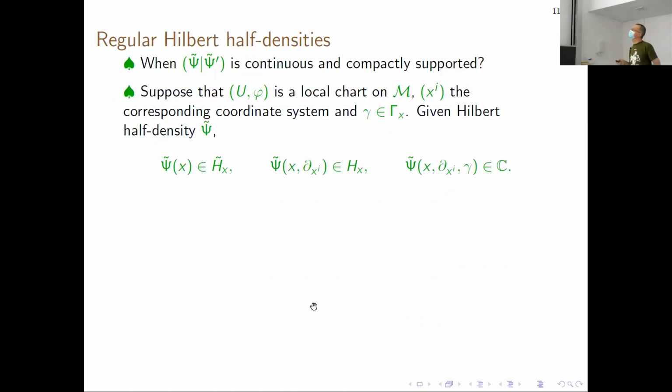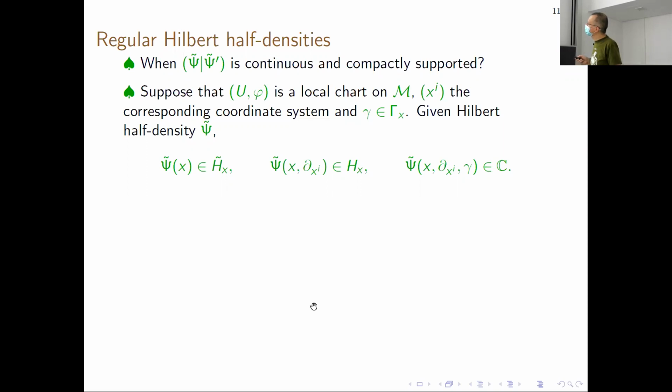So now suppose that (U, φ) is a local chart on this manifold, ξ the corresponding coordinate system, and γ is an element of the set Γ_x. So if I have such a Hilbert half density, then its value at this point x is an element of this set of half densities over this point.